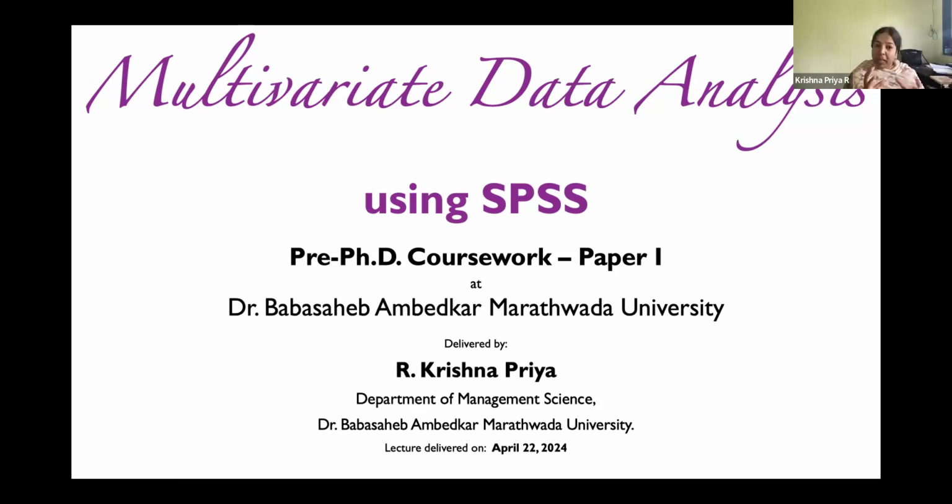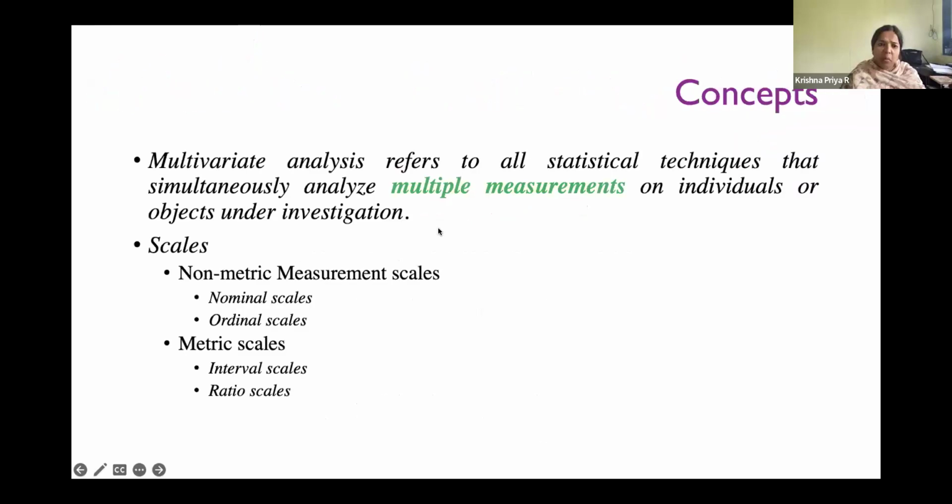Multivariate data has many faces. It has many typologies, handpicked according to the nature of the data or the nature of the variable. I'm not going to speak much about it now, because in the subsequent part of my session we are going to discuss it in detail.